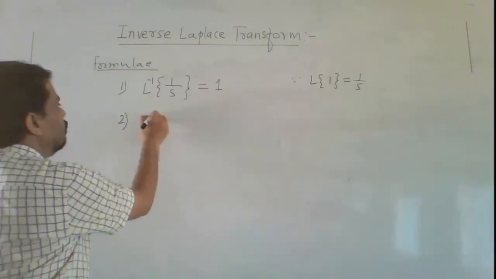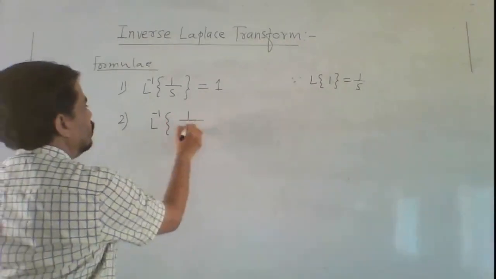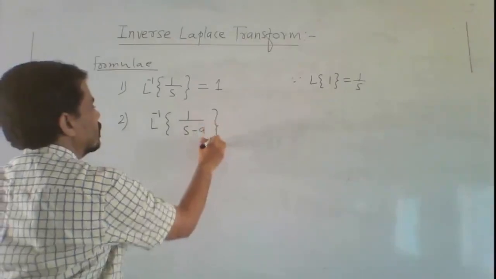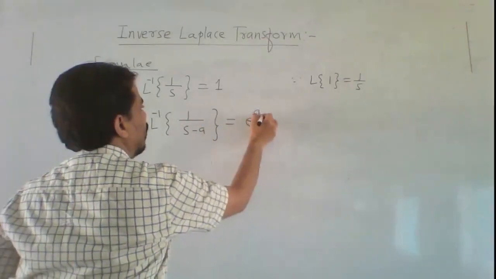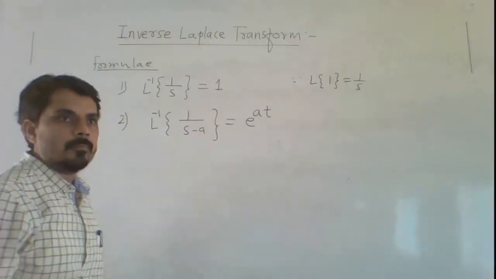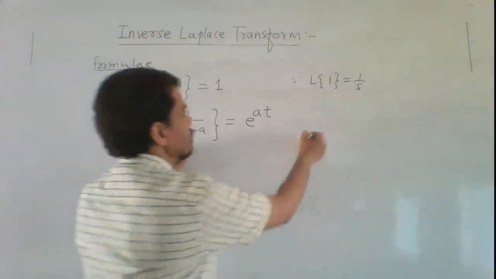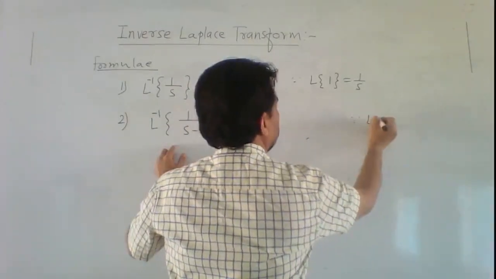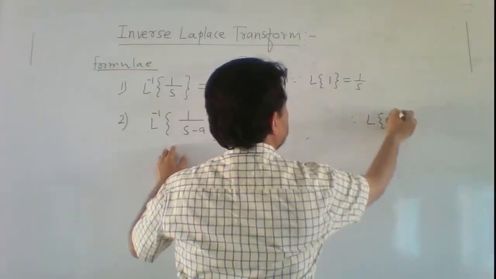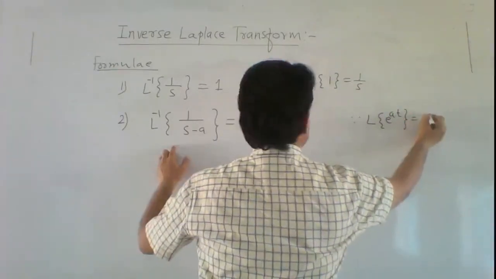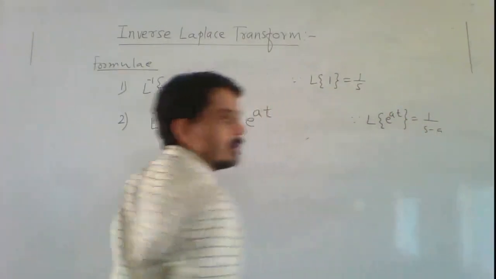Second, L inverse of 1 upon s minus a is equal to e raised to the power at, since Laplace transform of e raised to the power at is equal to 1 upon s minus a.